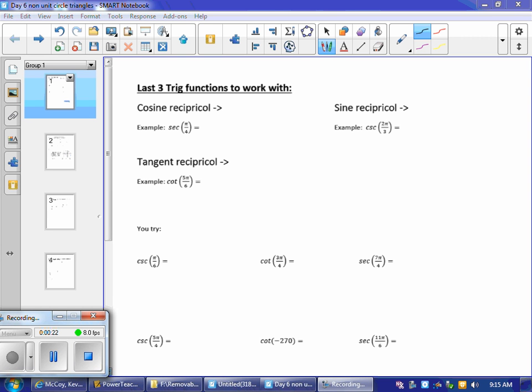Well, those are actually three trig functions which are relatively easy to deal with if we understand the first three, sine, cosine, and tangent, because as you will see here, cosine is the reciprocal, which just means, if you don't remember, reciprocal is something where the fraction is flipped over. It's the reciprocal of the trig function secant.